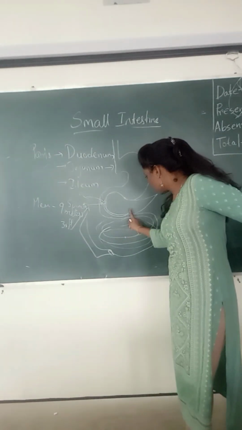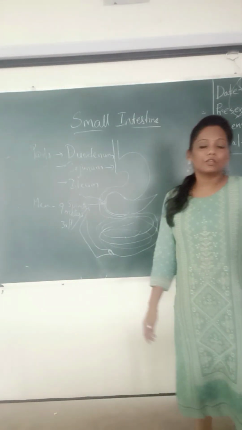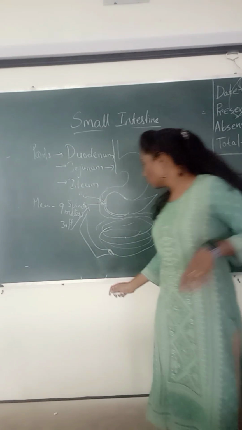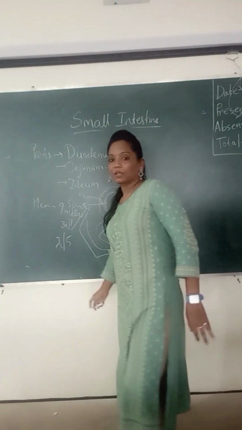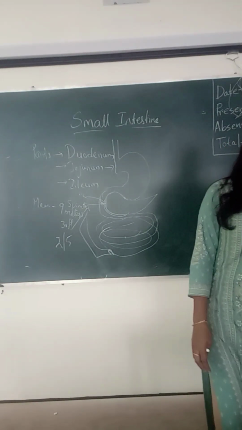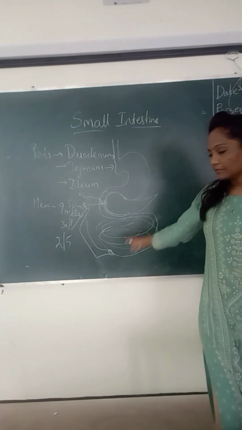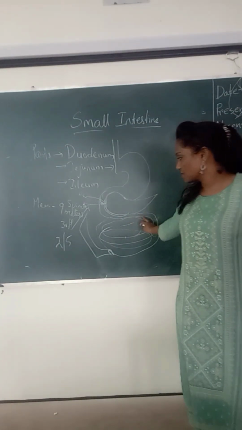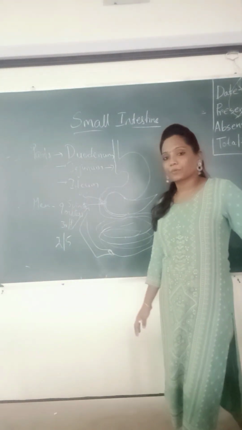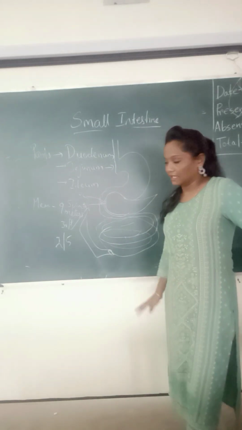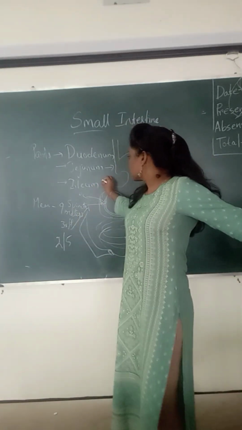Next one is the jejunum. Jejunum is a continuation part of the duodenum, and it occupies approximately 2/5 of the small intestine length, and it helps with food digestion and absorption. The main function here is absorption. And the third one is the ileum.